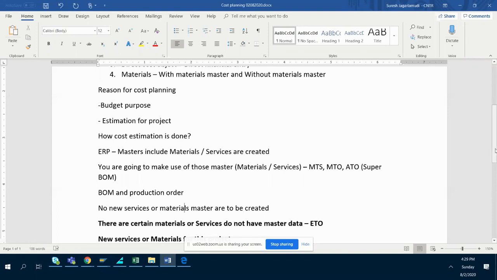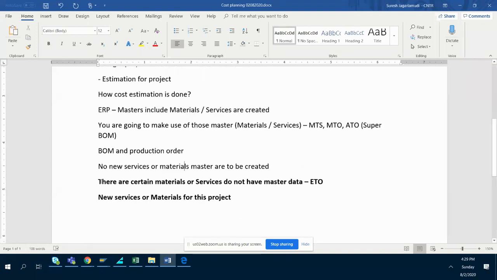Okay. So now, always remember, here the complexity is high because of this reason only. Why is ETO complexity more? Because you have to create a new service or materials related to this project.